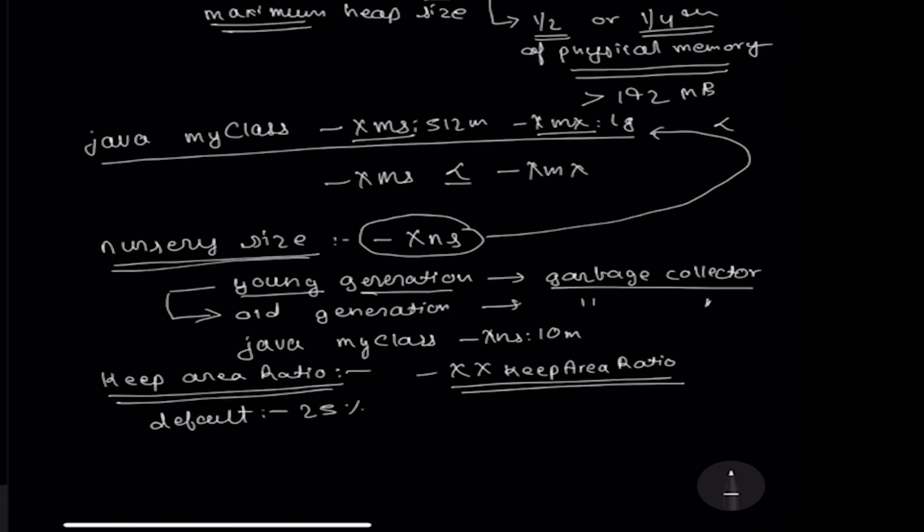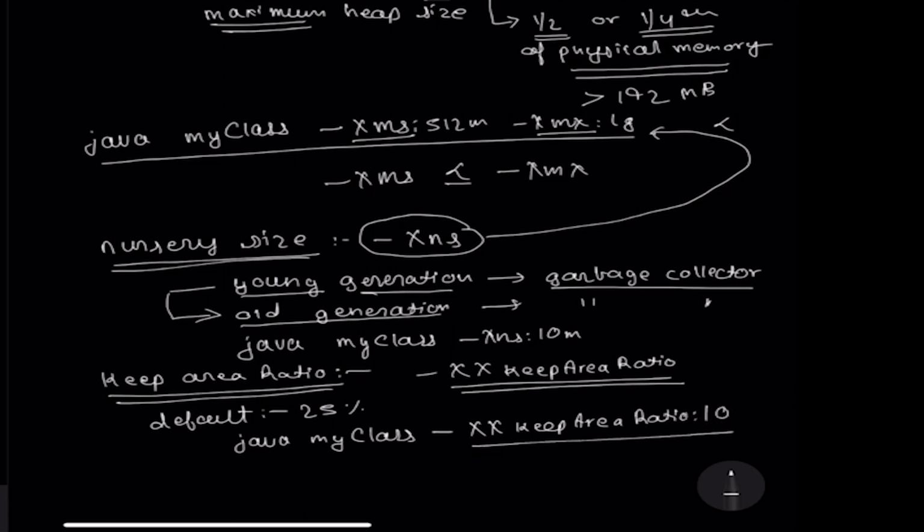So when 25% of the total heap size is full, then this cycle runs of transferring the objects from young generation to old generation. If we want, we can override this as well. When launching our Java process, we can change it to 10%, whatever we want. So the default value is 25%.